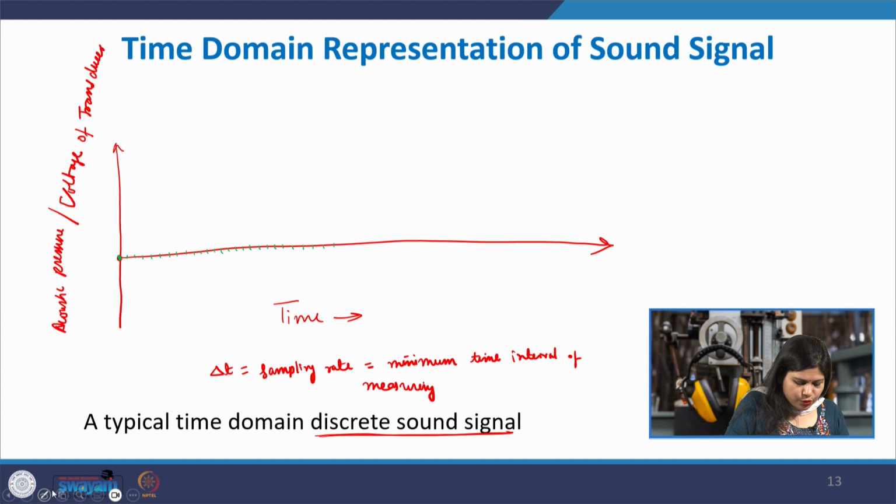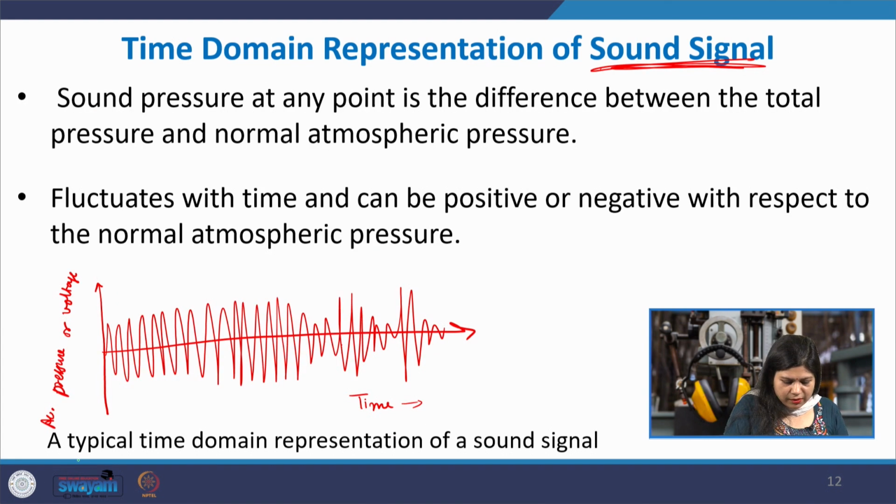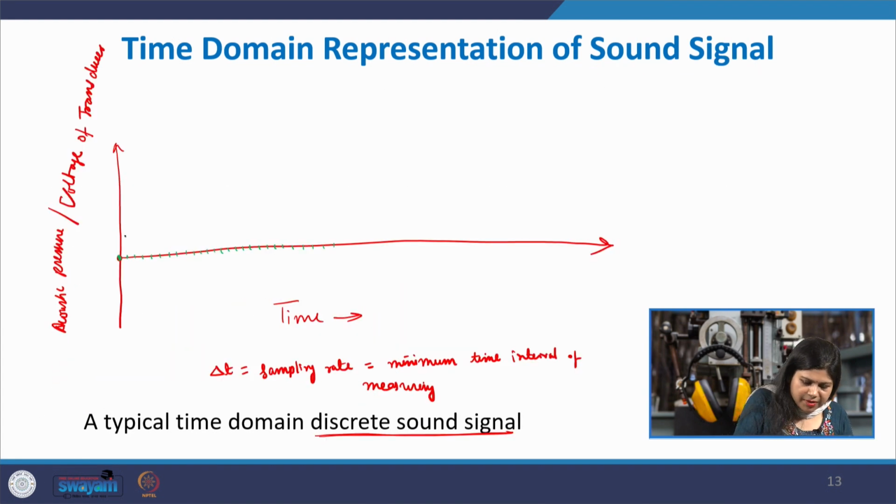So, the same thing over here would be like this, maybe some pressure we got here, some here, here, here, here, here. I am giving a very elongated view. So, at every instant of measurement we are getting a certain sound pressure level.